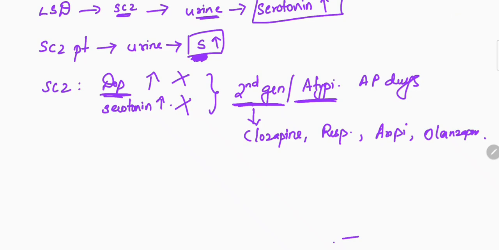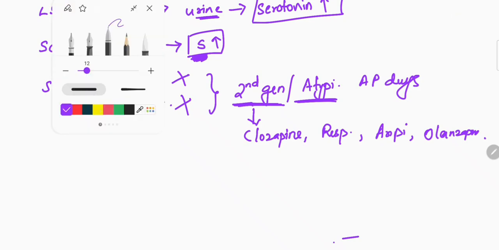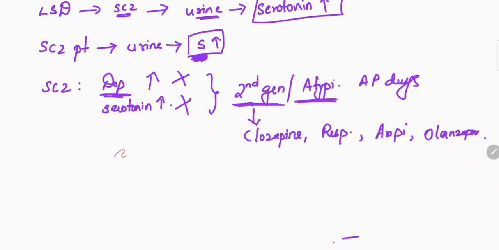Here you have a code to memorize the atypical antipsychotic drugs, which is COSRAC. What does C stand for? Clozapine. O is olanzapine, S is ziprasidone. R is risperidone. A is aripiprazole, and Q is quetiapine.